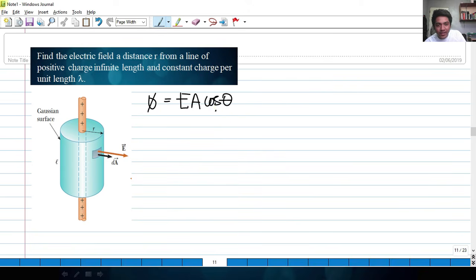Cosine 0 is simply equal to 1, so we have the flux equal to EA. We can use Gauss's law here: flux is equal to Q over epsilon sub 0, where Q is the charge of the line inside the surface, Q in, or simply Q.